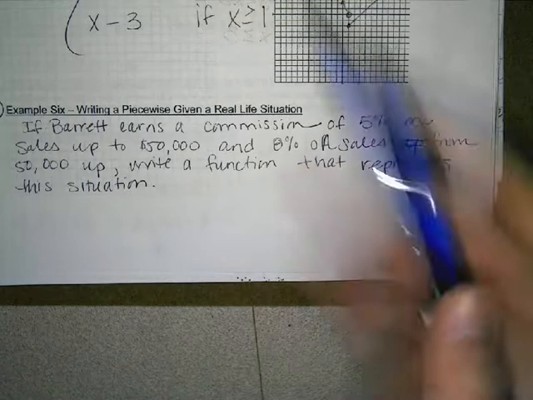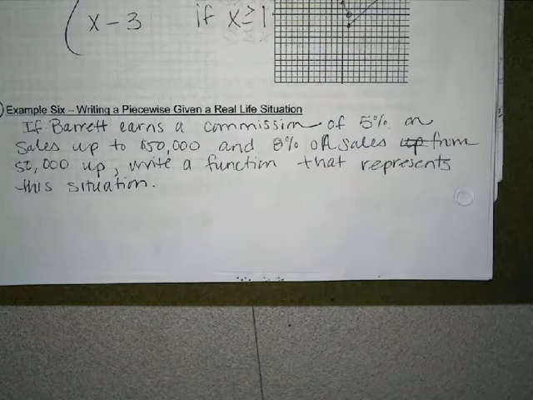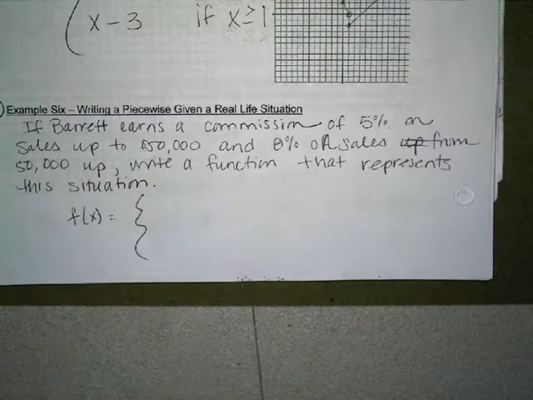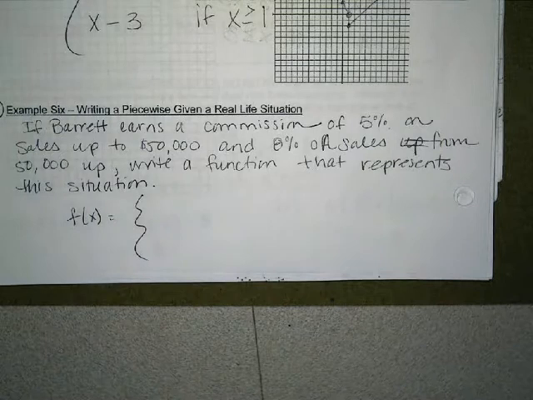If Barrett earns a commission of 5% on sales up to $50,000 and 8% on sales of $50,000 up, we're supposed to write an equation that represents this. We're going to start with the easy part by making f of x, and then I know this is a piecewise function. How do I know this is a piecewise function? It says up to 50,000. It says from 50,000 up.